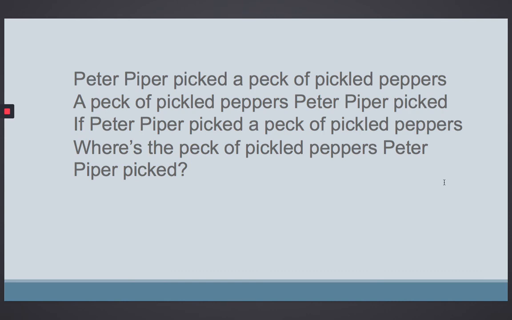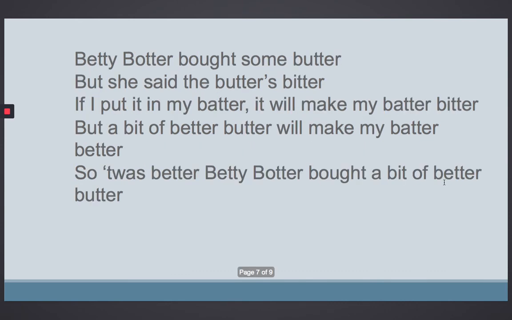So some people might be better than me, right? So, Peter Piper picked a pack of pickled peppers. A pack of pickled peppers Peter Piper picked. If Peter Piper picked a pack of pickled peppers, where's the pack of pickled peppers Peter Piper picked? So yeah, it improves your pronunciation.